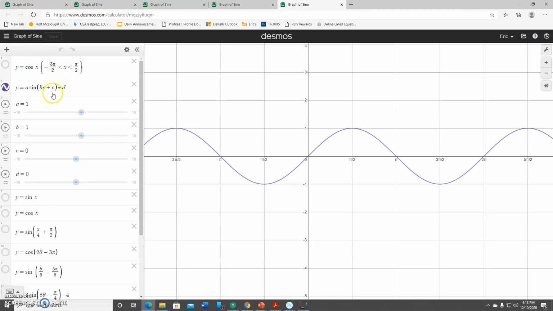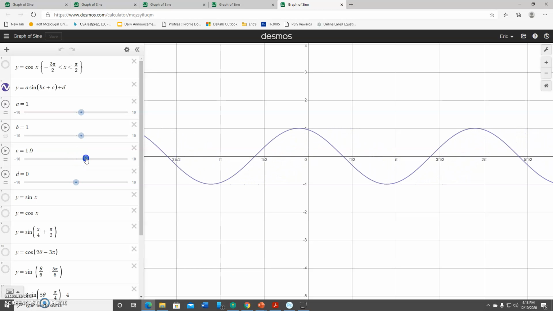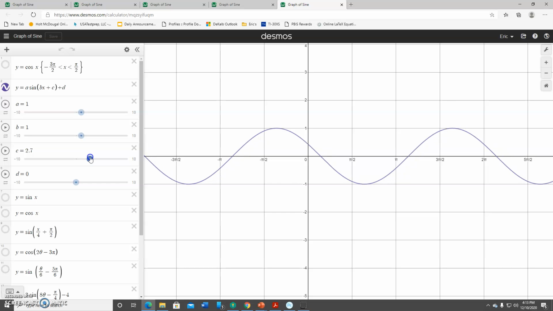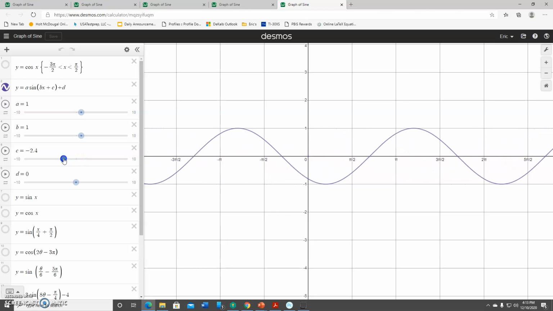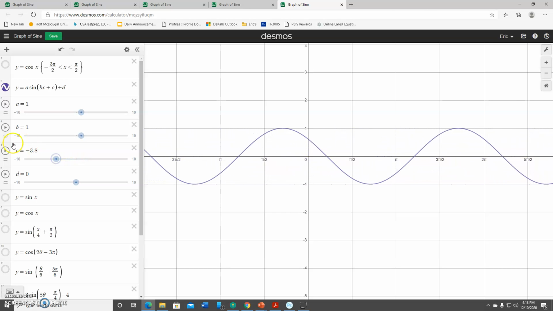If I change my C, as C goes up, the picture tends to go to the left. So it's doing just the opposite of what you would have thought. As C gets smaller, or moves to the left on the number line, the actual picture moves to the right.